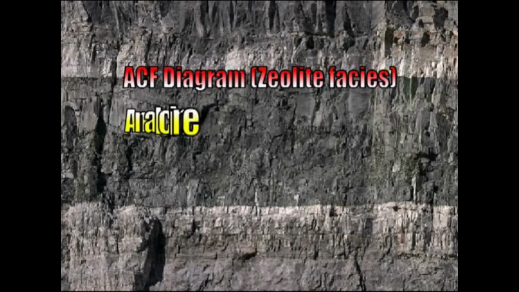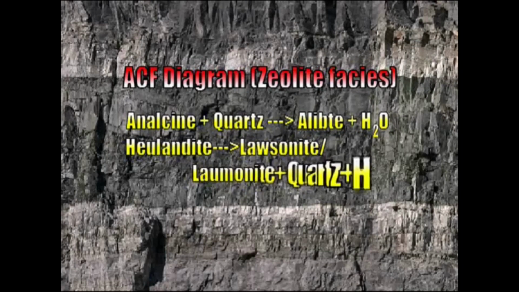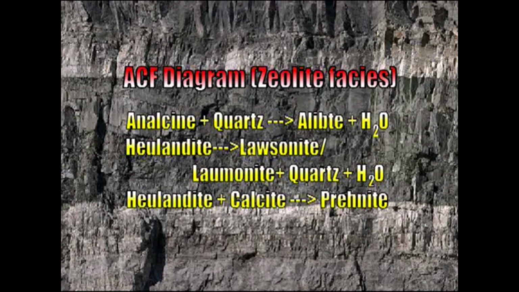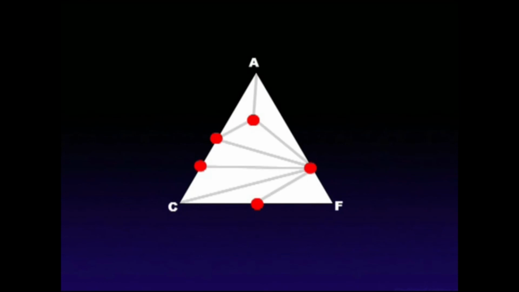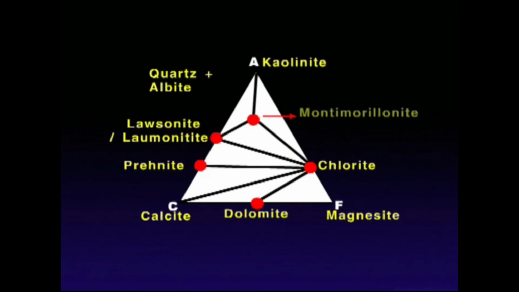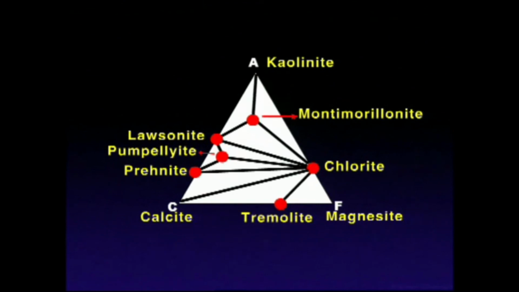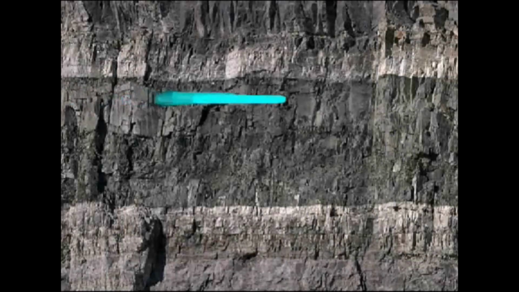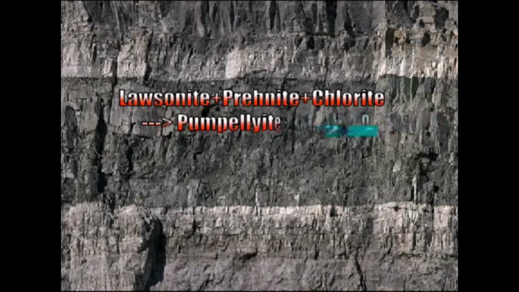Prehnite is formed by the reaction between hollandite and calcite, giving rise to prehnite on the same tie line of A and C. Later on, pumpellyite is formed by the reaction of lawsonite, prehnite, chlorite giving rise to pumpellyite.